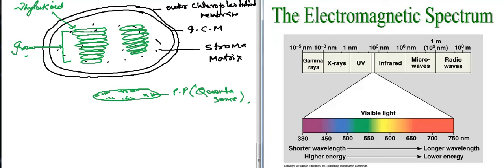So let us see. We have from gamma rays to radio waves. In between, near 10 to the power 3 nanometer, we have the visible light range, starting from 380 nanometer to 750 nanometer. We can see that shorter wavelengths have high energy, and longer wavelengths have low energy, like red light.